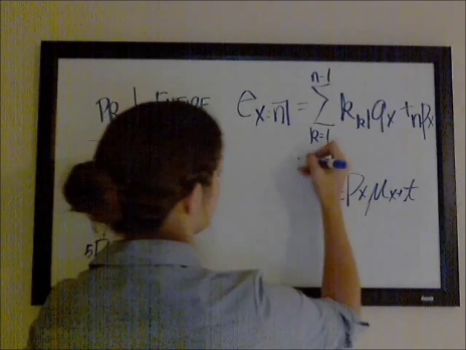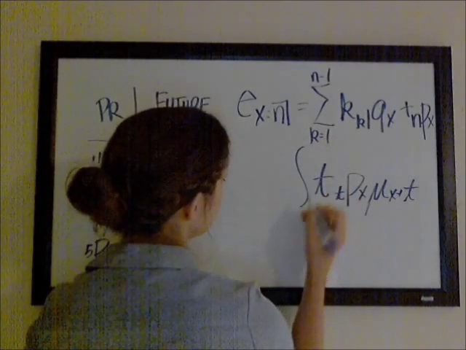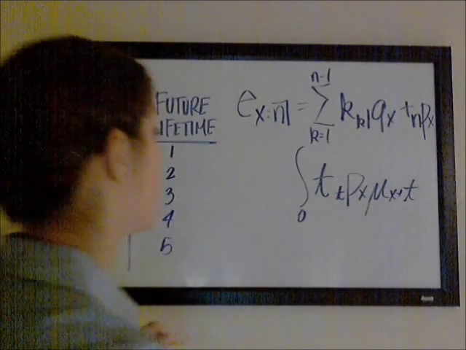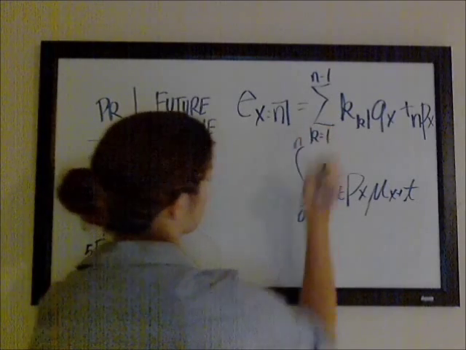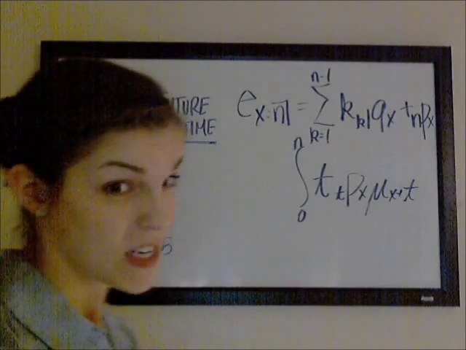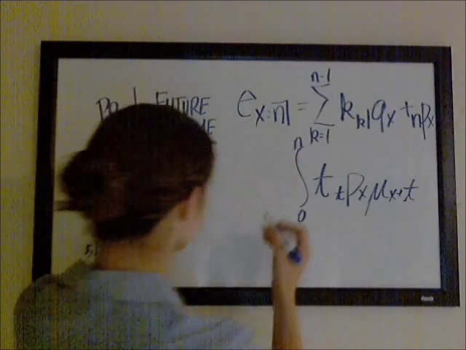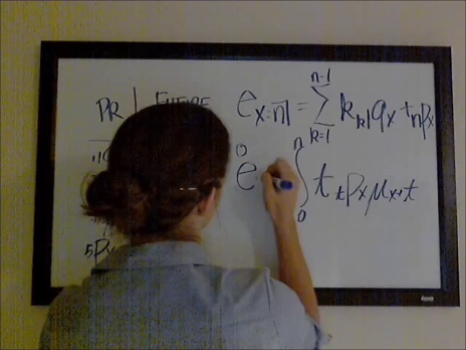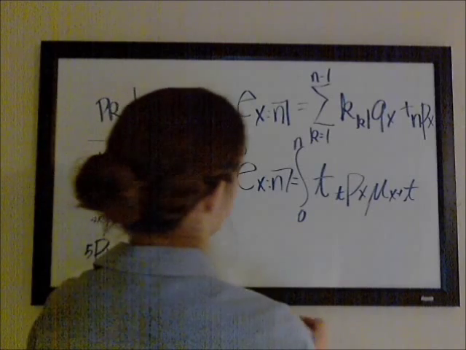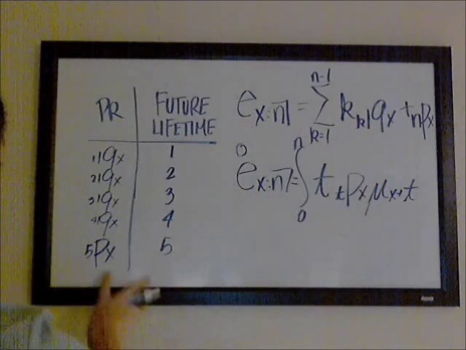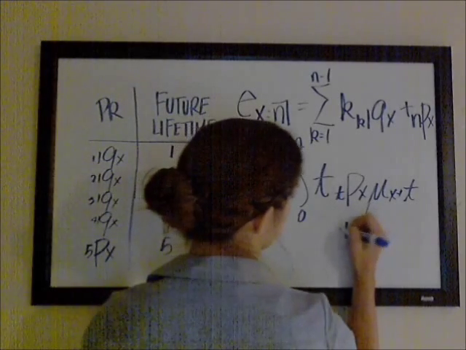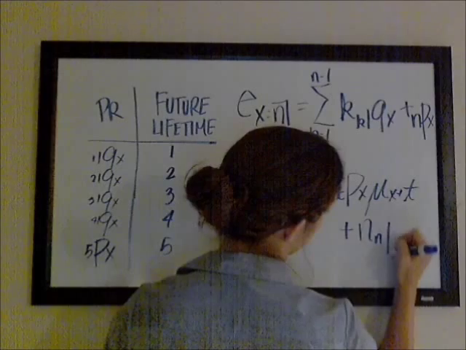We want to sum all those products up to get the expected value. But now we're only going to want to go up to n because it's continuous. We don't want to put n minus 1 because then we're going to miss everything between n minus 1 and n. So we're going to go right up to n. This is the continuous temporary expected lifetime. Okay, and then just like with curtate, we have to add back in this n times npx.